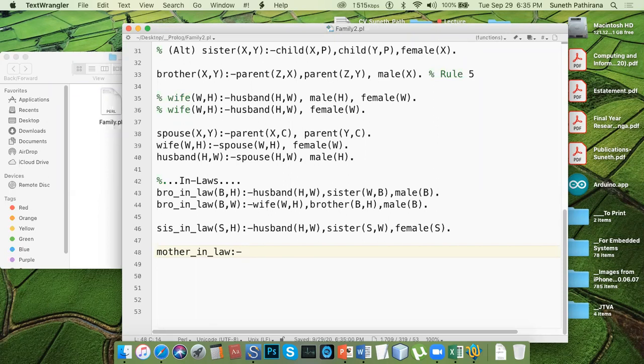Mother-in-law of, say M, then in-law, that means the other person should be a son-in-law or a daughter-in-law. Okay, let's say some person, X.